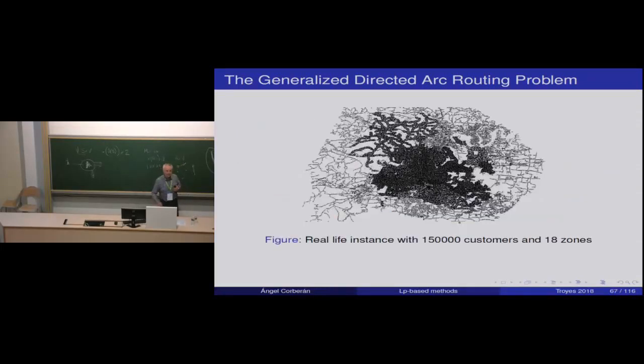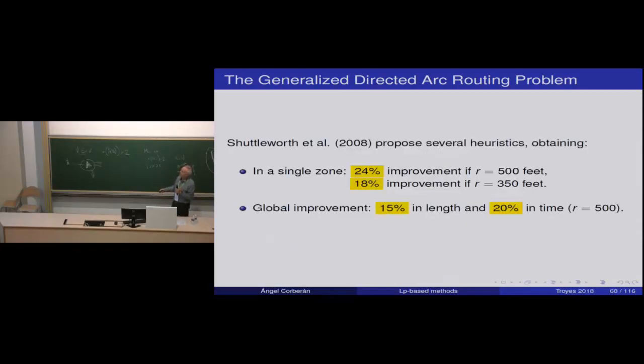This is a real-life instance with 150,000 customers and so on. This is the problem that Bruce Golden and others study, and then they propose a heuristic.